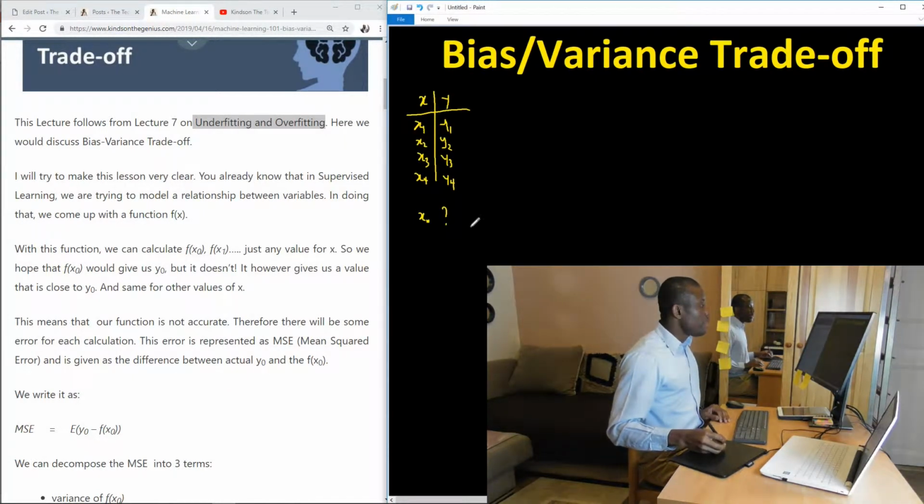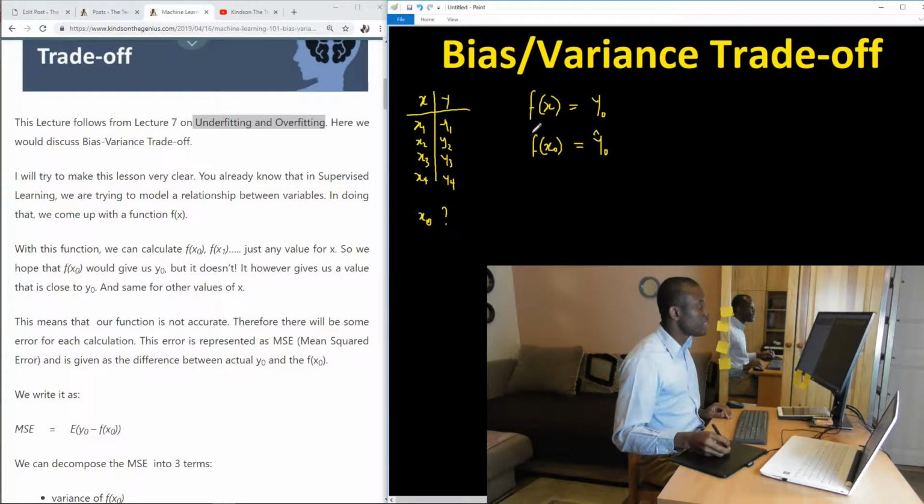All right, but before we can estimate y, we need to figure out a relationship between x and y, and we represent this function as f of x equal to y. Using this function, we can find f of x0 equal to y0.